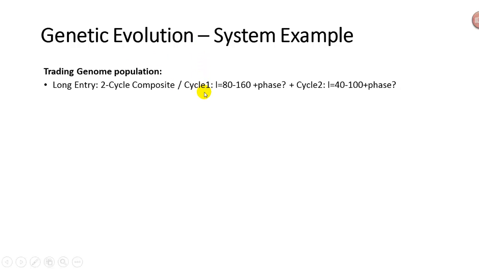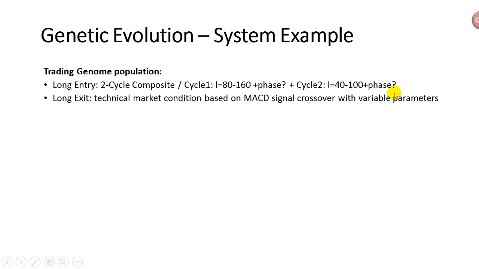So the first cycle which is used has a length between 80 and 160 bars and has a variable phase, and the second cycle is a shorter term cycle between 40 and 100 bars, also with a variable phase. So the genes are allowed to mutate between these levels here. So this is our long entry based on the composite.